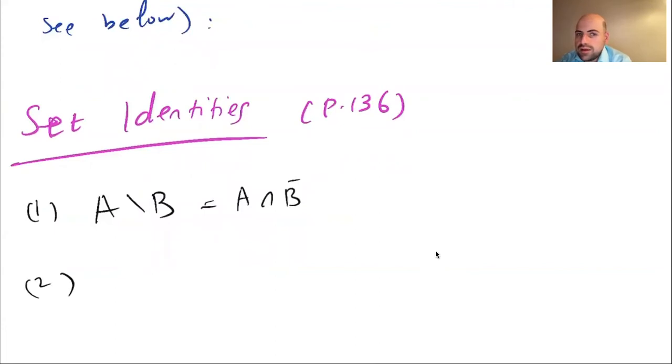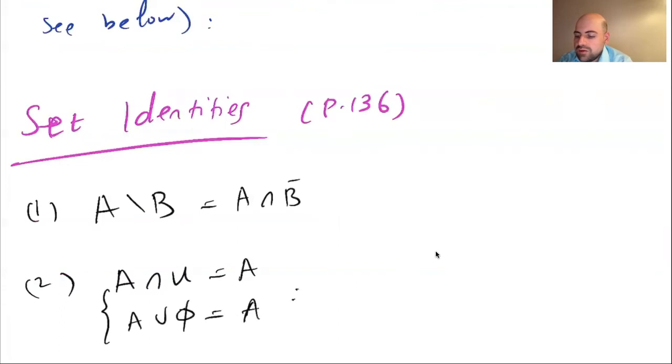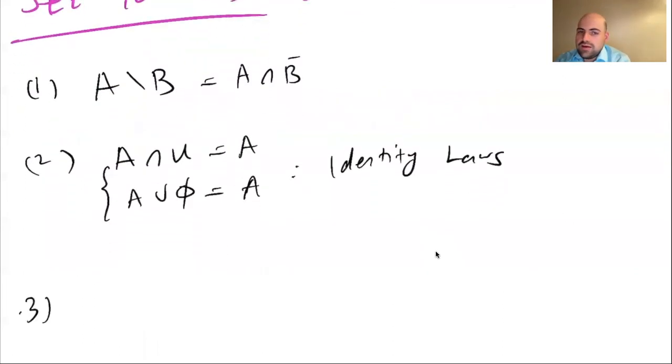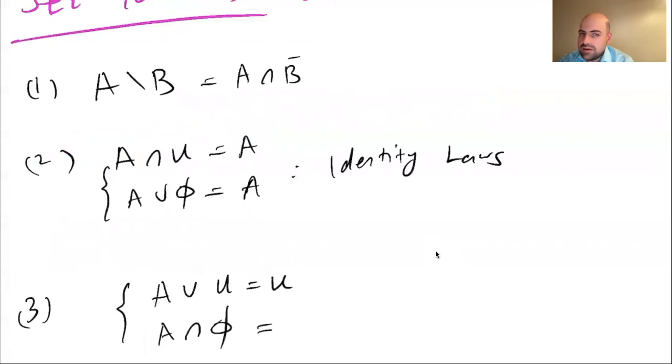Two, A intersection with universal set is A, and A union empty set is A. These are called identity laws. And then we have domination laws, which says A union universal set is universal set, A intersection empty set is empty set. So these are called domination laws.